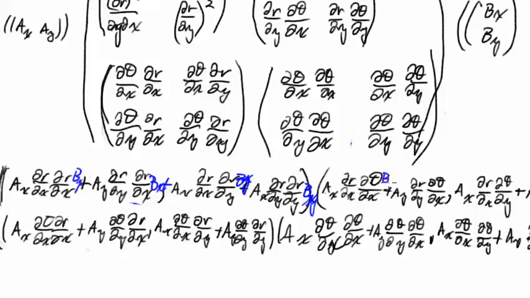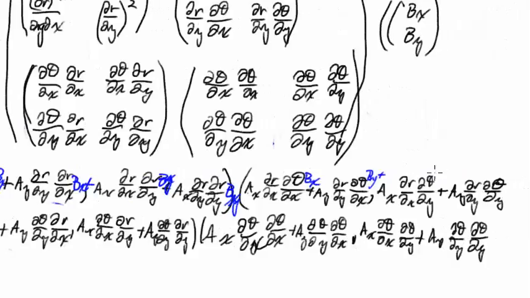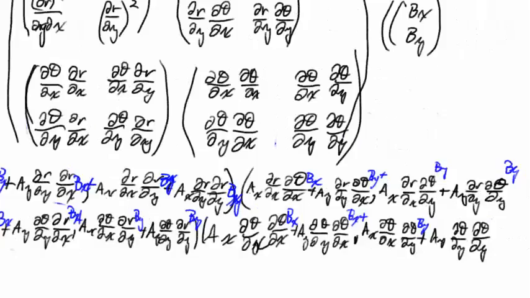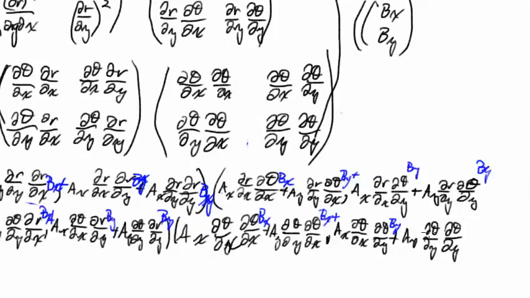This is going to be times b sub x plus this is b sub y times b sub y, then b sub x plus this times b sub y plus this times b sub y, this times b sub x plus this times b sub x plus that times b sub y plus that times b sub y. And that's going to be our final 2 by 2 matrix.